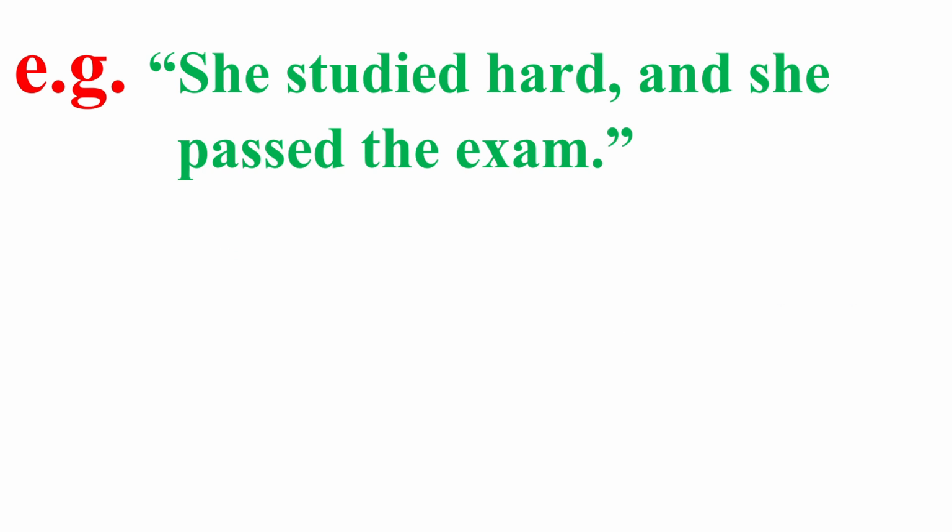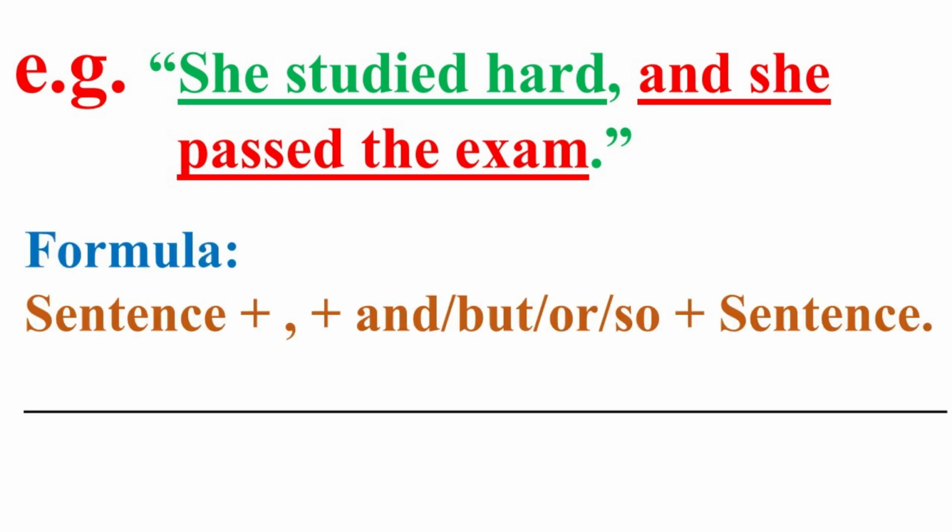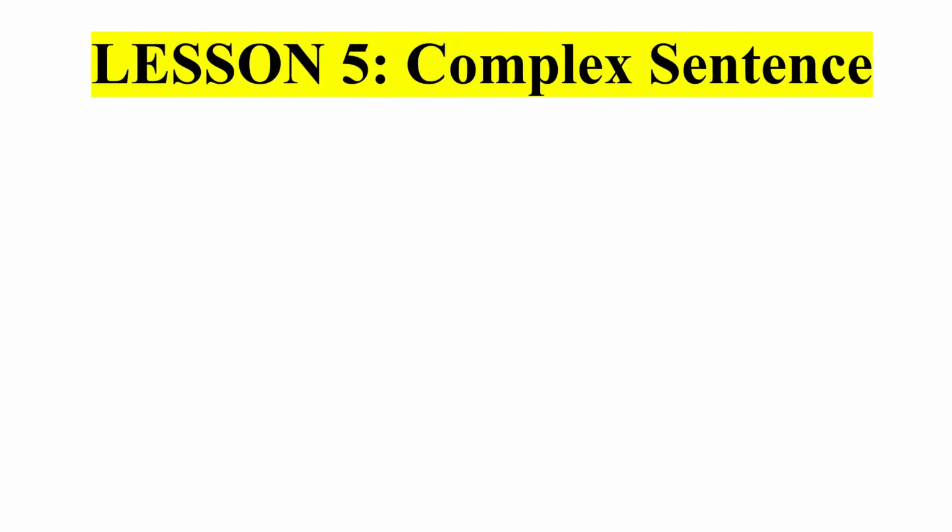She studied hard and she passed the exam. This sentence has two complete ideas, so it is a compound sentence. Alright? So the structure of a compound sentence is a complete sentence plus comma plus joining word plus another complete sentence.